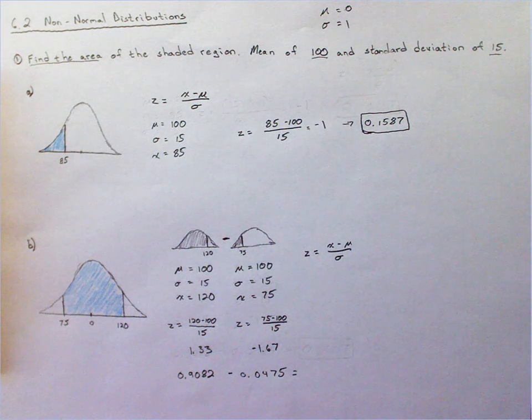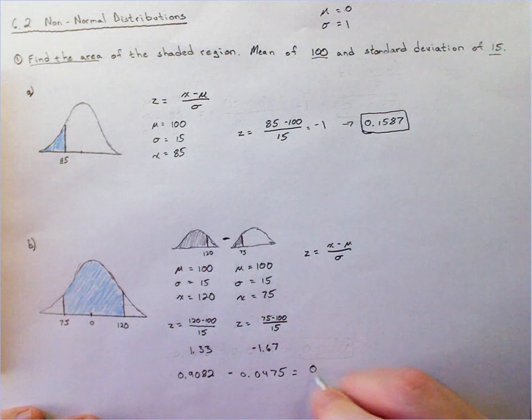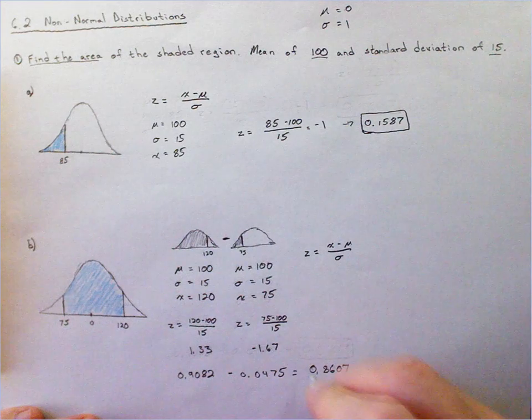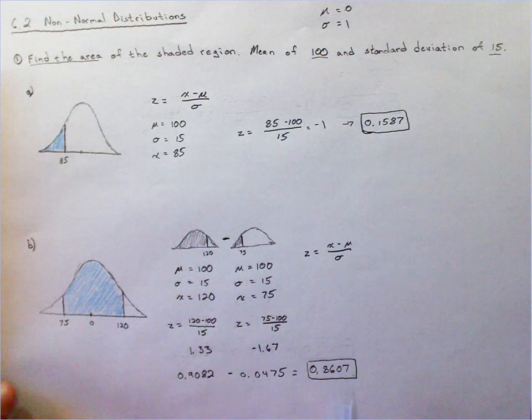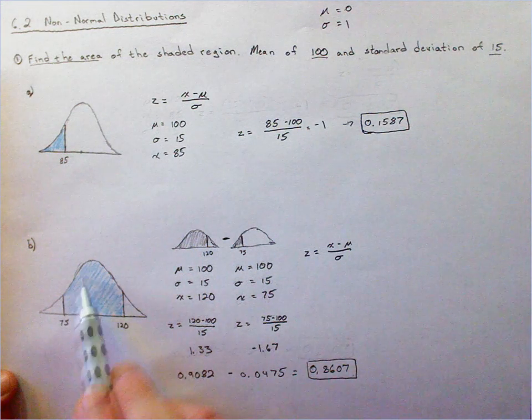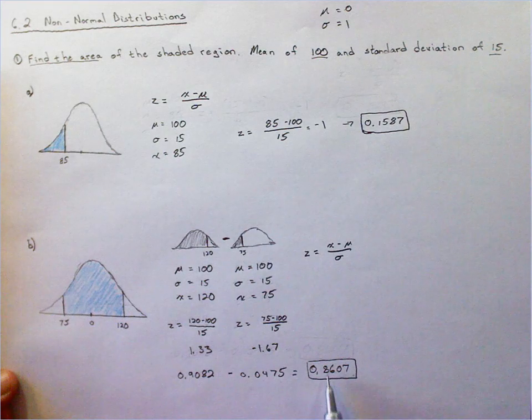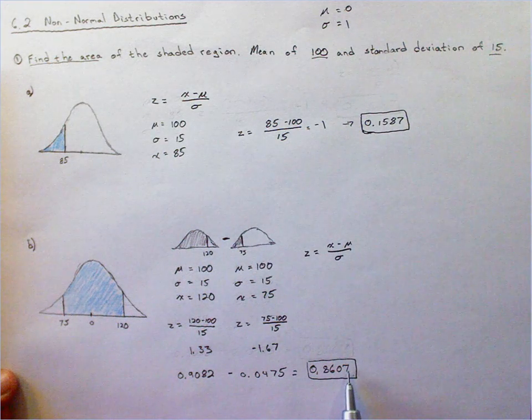So 0.9082 minus 0.0475 gives me 0.8607. What this tells me is that the area that is shaded in is 0.8607.